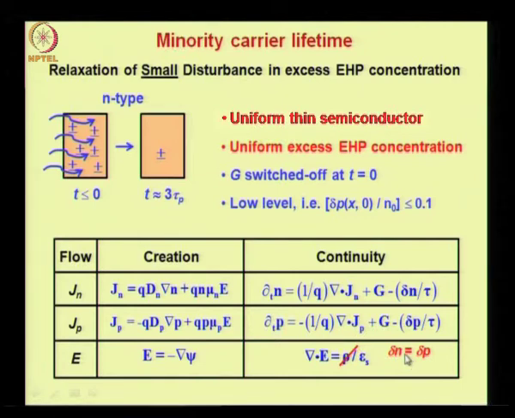The great result that you get out of the charge neutrality condition is that you need to solve only one of the 2 pairs of equations. So you need to solve the current density and the continuity equation for electrons or for holes, this pair for holes. So two equations are going out of the picture.